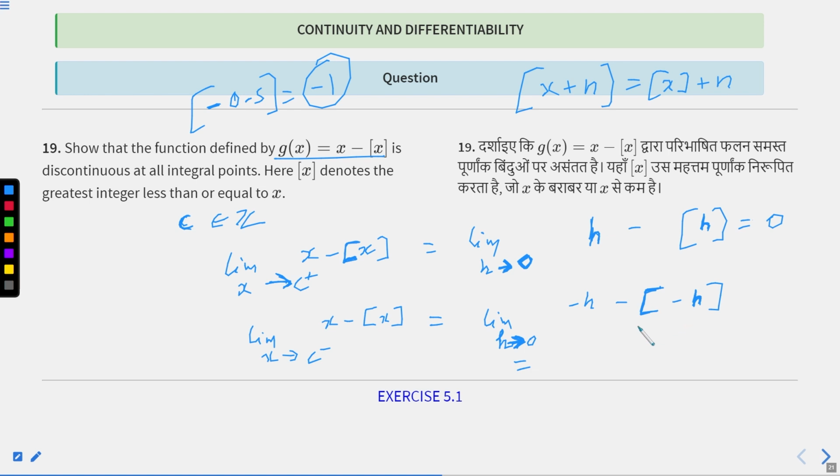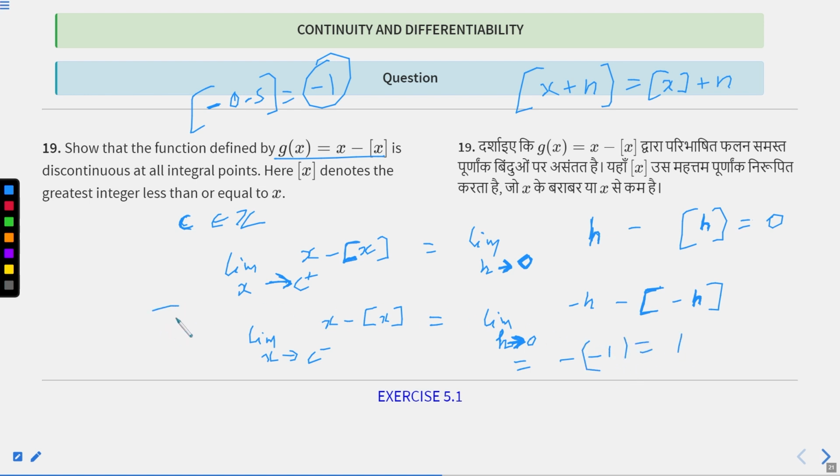So this thing will be minus of h. If h tends to 0, near 0, this will be some minus point something. So this will become 0, this will be minus 1, and your limit will be 1.